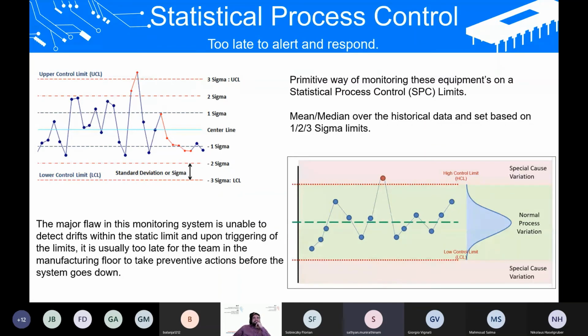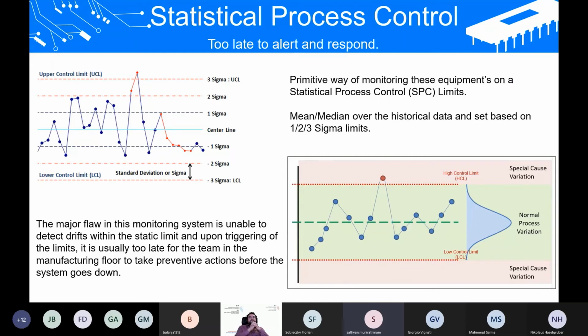But if you look at statistical process control, the primitive way of monitoring those equipments is using statistical process control, right? We take a month or two months of data, average it, and then set a 3 sigma, 2 sigma, or 1 sigma deviation, and see if anything goes beyond that. Then we flag it to the technicians to look at whether it is going outside the boundary, and they look at the data to see what's going on, right?